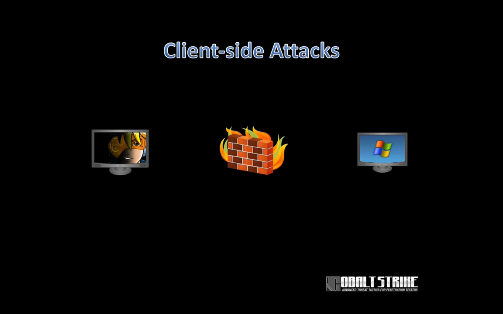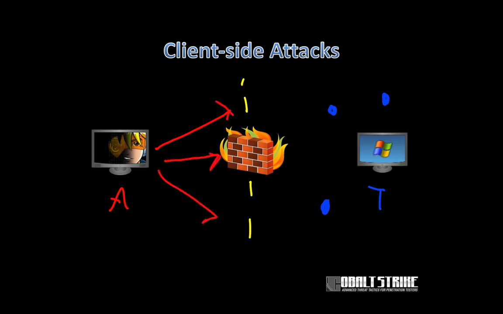Great. Well, one of the problems we have in modern environments are firewalls. I, the attacker, am out here, and the target and targets like it are behind the firewall. So even if I have the most amazing zero day in the world that can hit any Windows system, let's assume it doesn't have a host-based firewall, I'm limited in my options because those systems are not available to me on the internet.